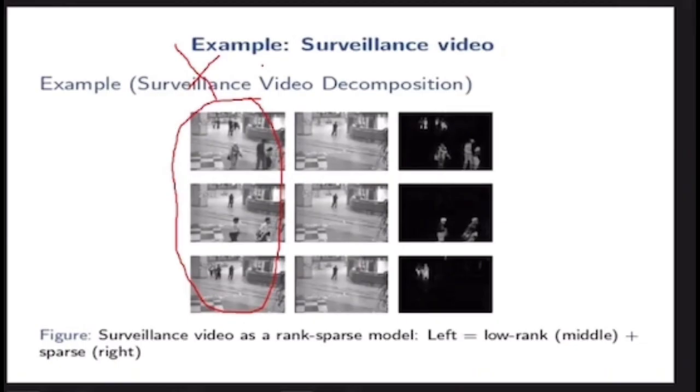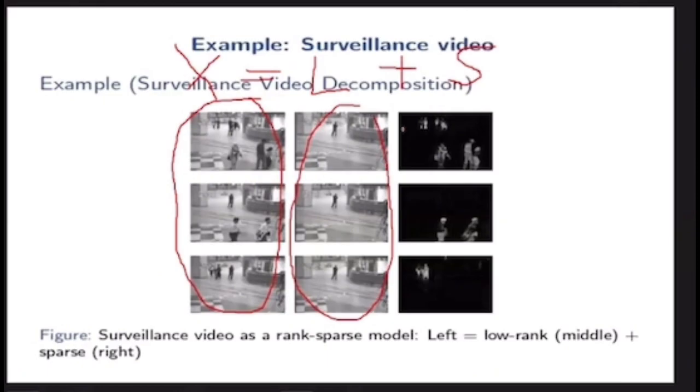But can we have a way to partition the original surveillance video into a low rank approximation plus sparse? What do we have? Now I need you to take a look at this. What do we have in the low rank? In the low rank, what you see is only the static background, no movement.